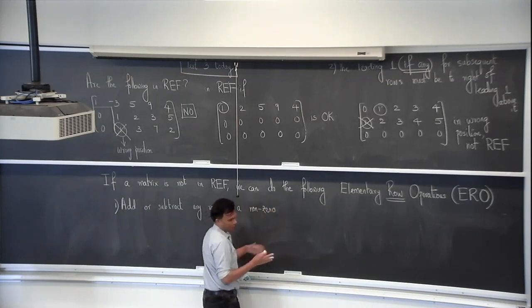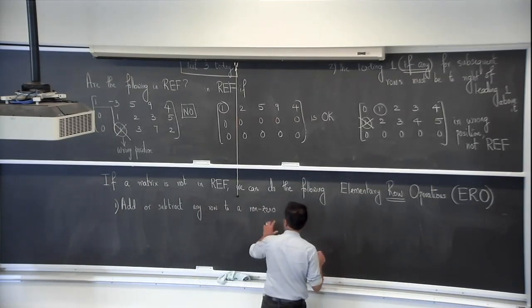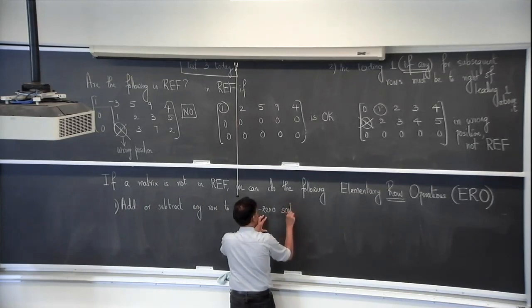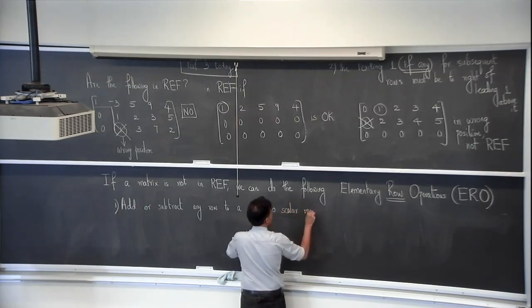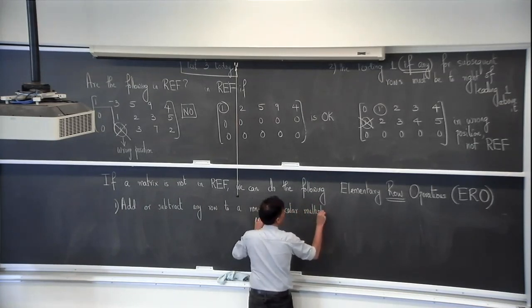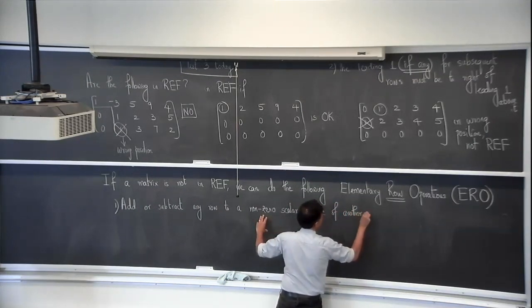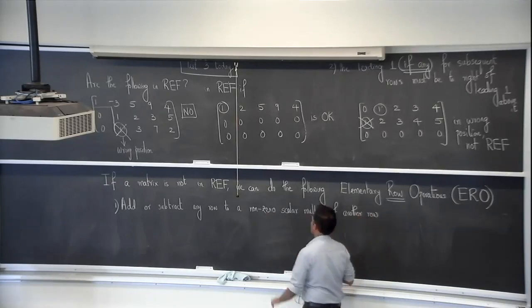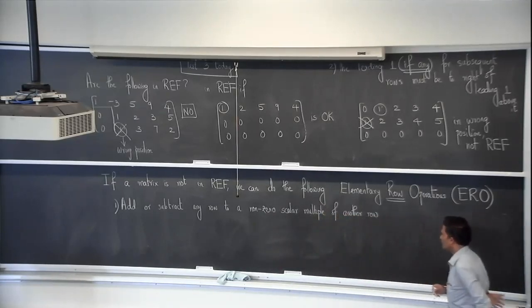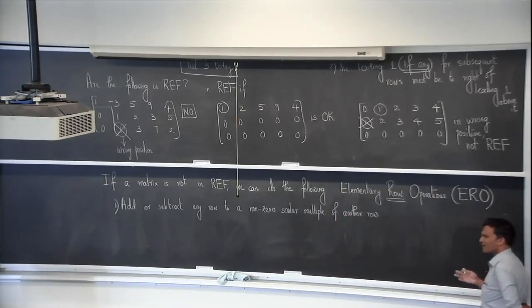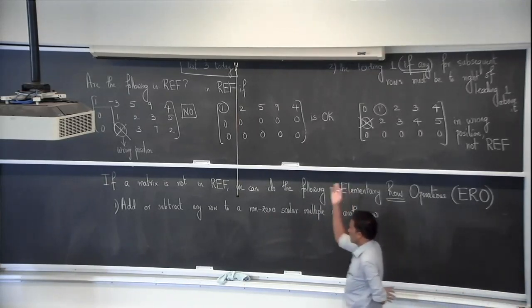Sometimes some students think you could multiply something by 0, but it must be a non-zero scalar multiple. Again, all these things are done just to get zeros and ones in the right position.